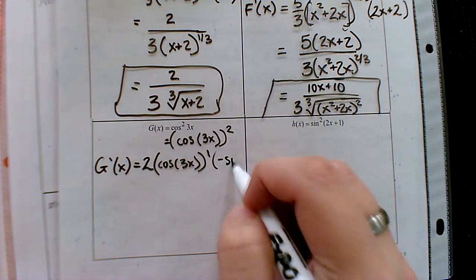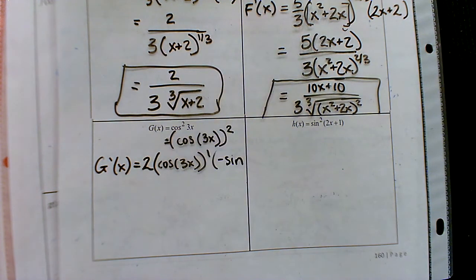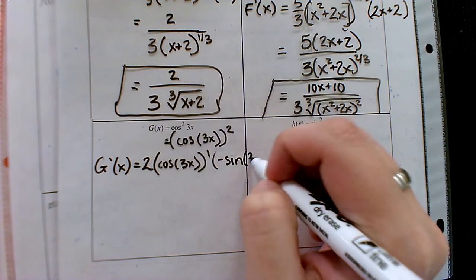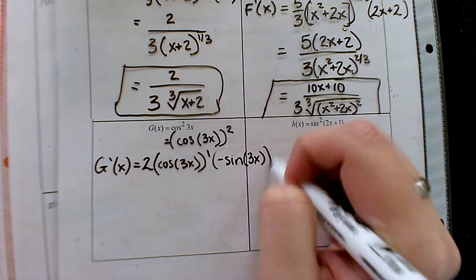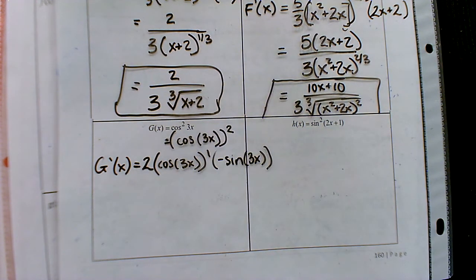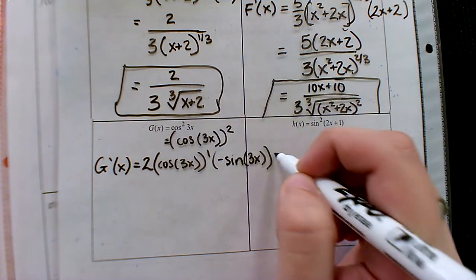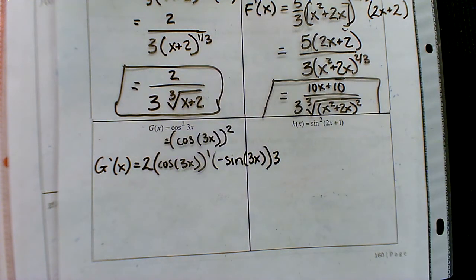Negative sine. Okay. You keep the remaining layers that you haven't used yet, which would essentially be 3x. What was our last layer? The 3x. What's the derivative of 3x? 3. Just 3. Okay, so that one was a little step up. We had a third one to do.